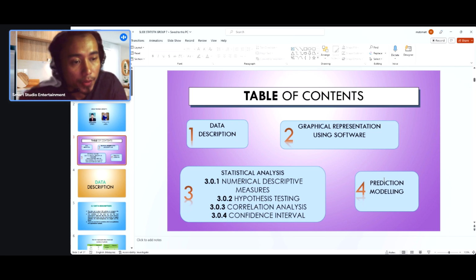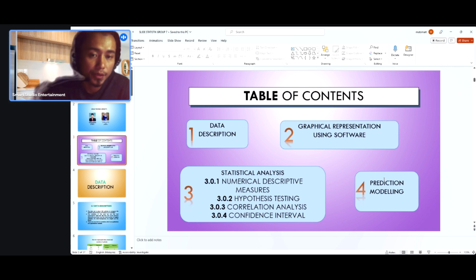Okay, looking at the table of contents I would like to present to you, sir. We have four sections.